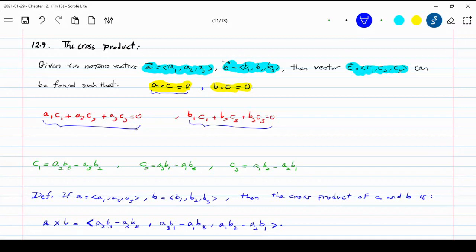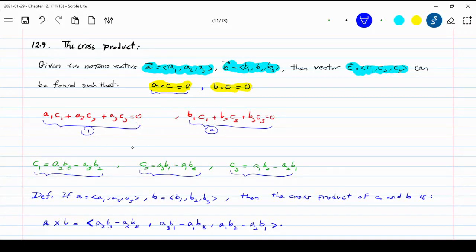There is no unique solution, but you can pick the solution to be in the form of C1 equal to that, C2 equal to this, and C3 equal to that. If you check by replacing C1, C2 and C3 into equations 1 and 2, you will notice that it will satisfy both equations. That means that you will get 0 on both sides.